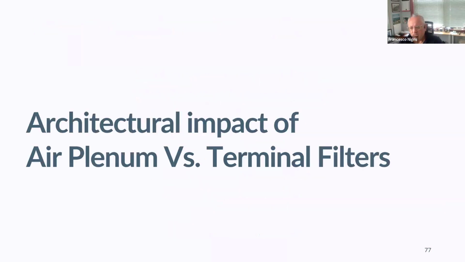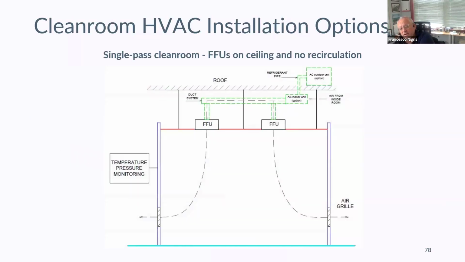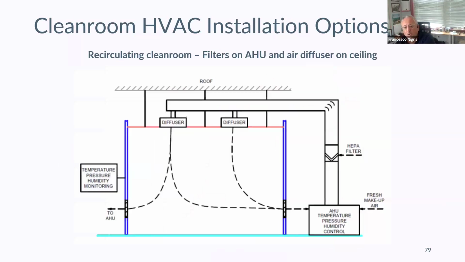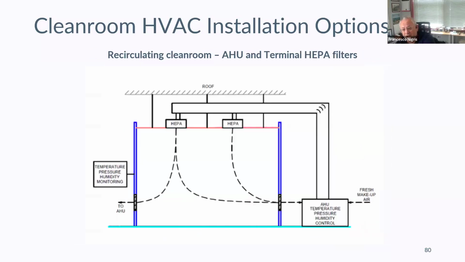And last but not least, there are many projects where the fan filter unit solution is considered the solution to go with, which is fine. I mean, of course, the majority of North American clean rooms are built with that system. So using a fan filter unit, there are alternatives.